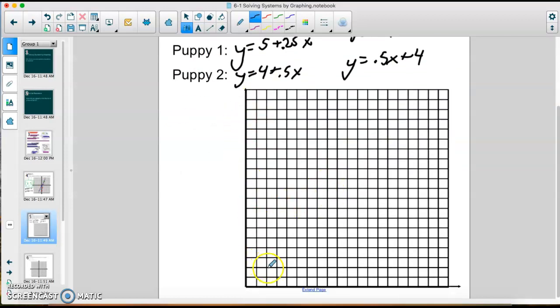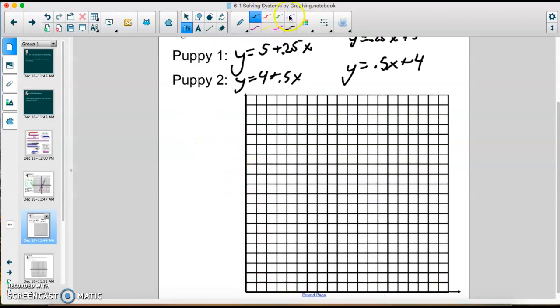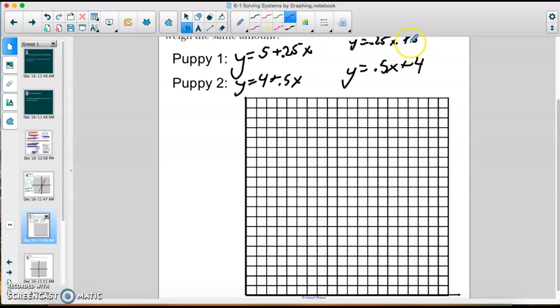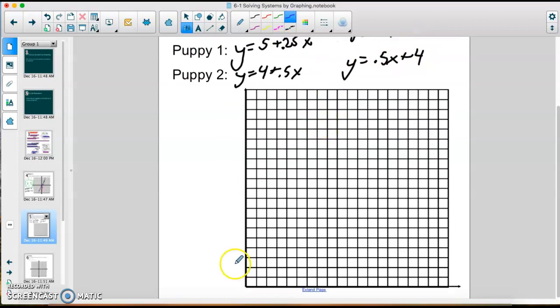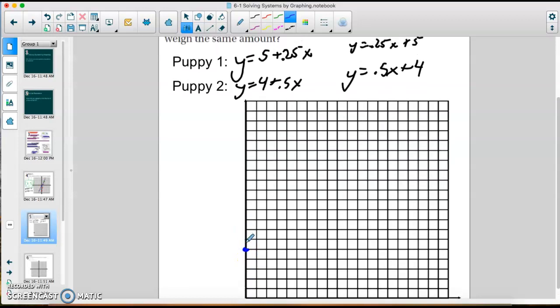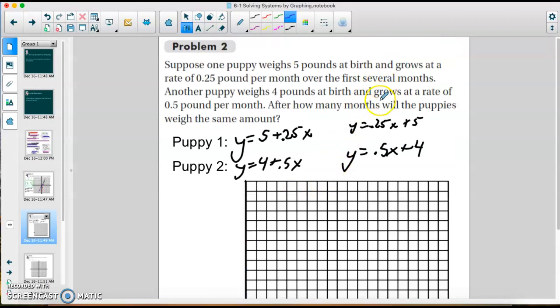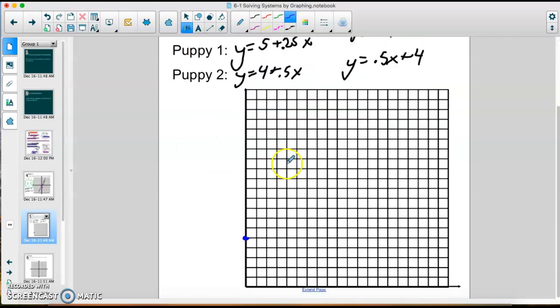Now notice our axes are on the bottom and on the left. For the first one, we're at 5, so we're going to go up 5: 1, 2, 3, 4, 5. And our slope is 0.25, which is 1/4, right? So we're going to go up 1 and over 4.